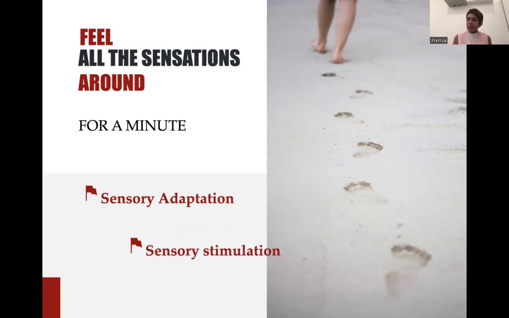And that is the area where our neurodiverse population, or we may call a child with autism or an adult with autism, have an issue. They cannot do this sensory adaptation as effectively as we do.